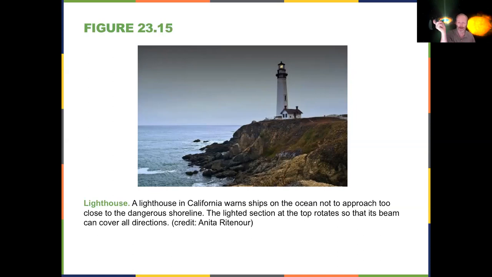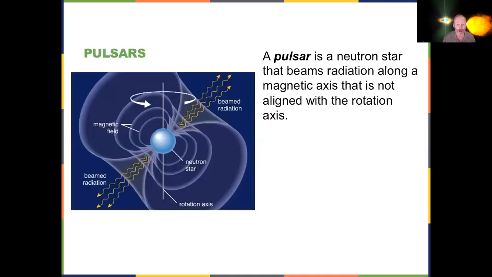But the lighthouse rotates and sends its light out in a particular pattern. It doesn't just do it willy-nilly. As pulsars are spinning, they have these jets of energy where most of their energy is going. Just like with the lighthouse, you don't have to be right in the line of sight to see a pulsar, but you get a lot more energy if you are in the line of sight, which is going to be from the rotational magnetic axis.